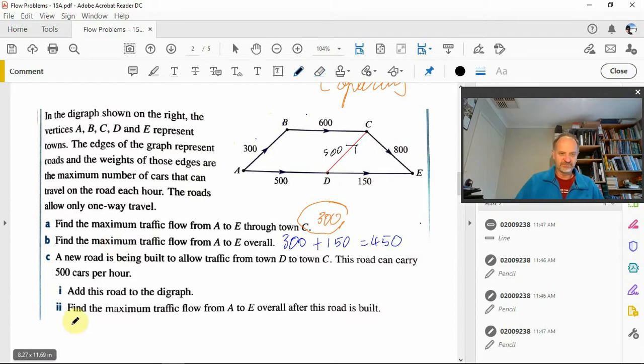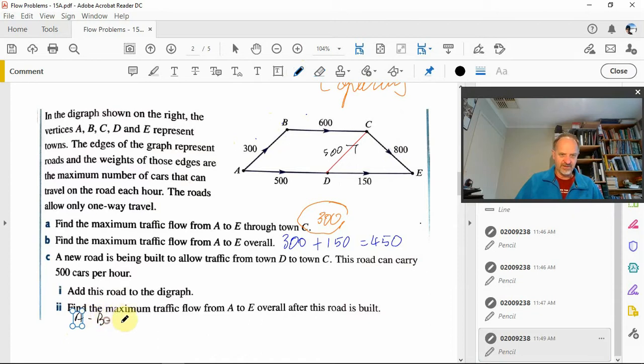So we've got A to B to C, our maximum is 300. And A to D to C, our maximum is 500. And when we add those together, that's 800.